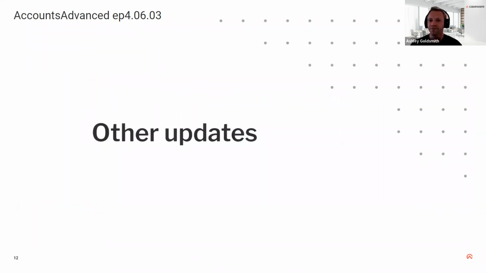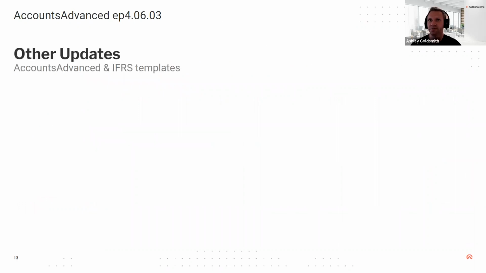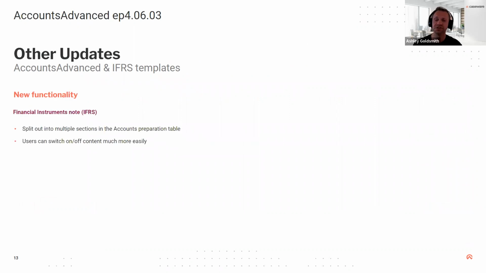Okay, just one final slide from me. So I'm slightly ahead of time, perhaps. The other update to mention on AccountsAdvanced IFRS templates relates to functionality for the financial instruments note, particularly relating to the IFRS.